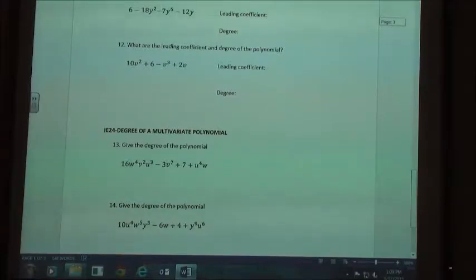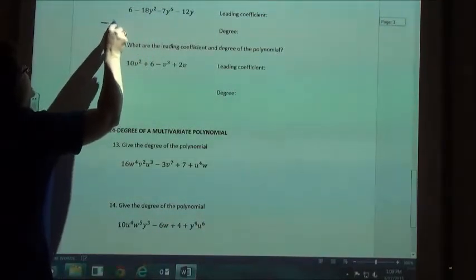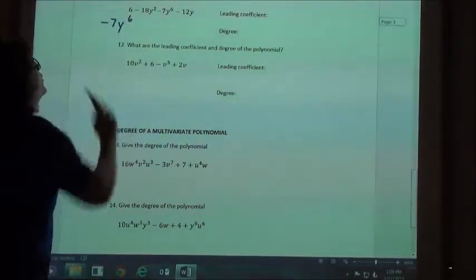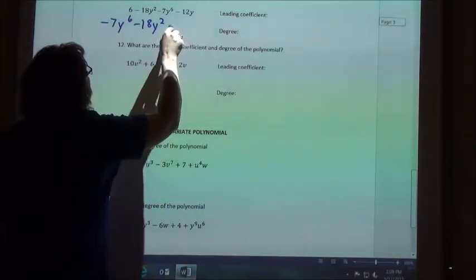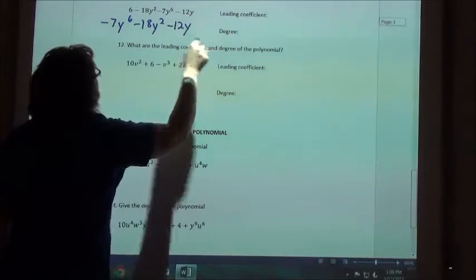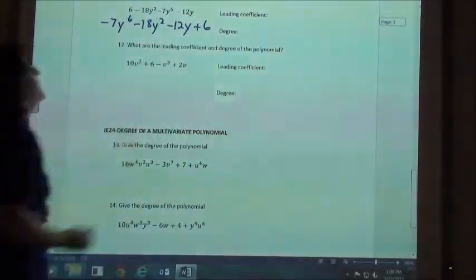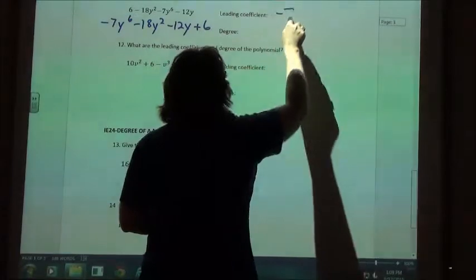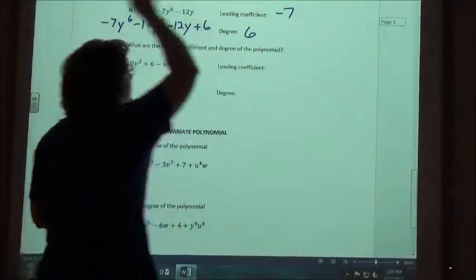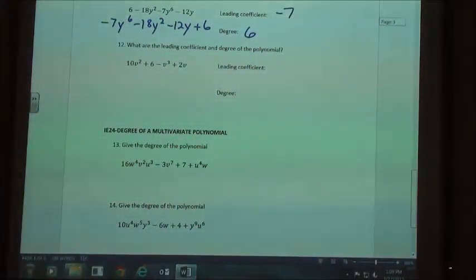So the negative 7y to the 6th would go first. Negative 18y squared. And then minus 12y and then plus 6. That would be the best order for my polynomial. So then the leading coefficient would be negative 7. Exactly. And then the degree would be 6. Yep. Wait, did I just do that? You did just do that. All right.